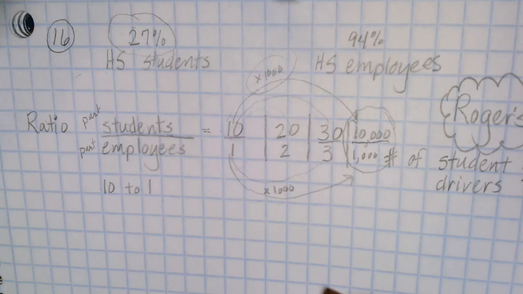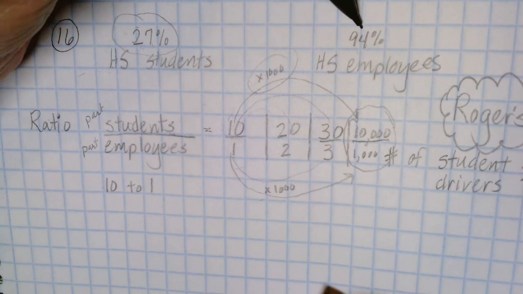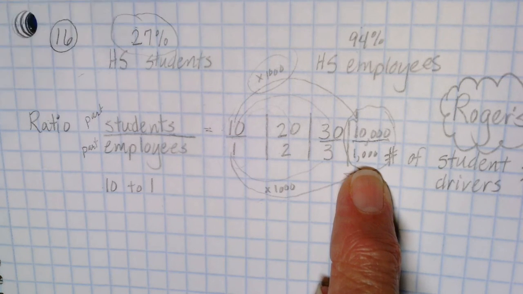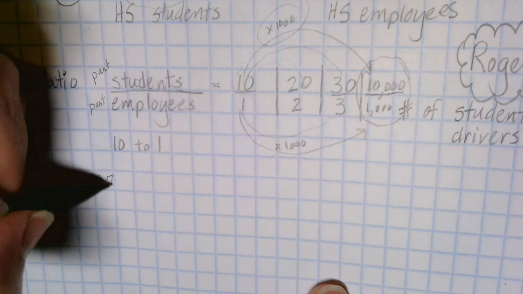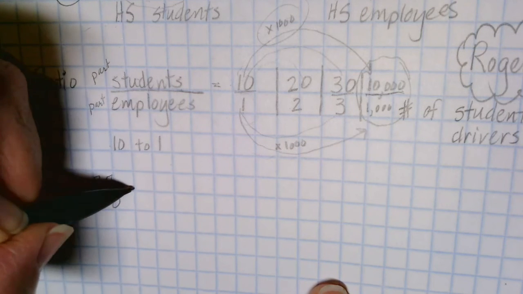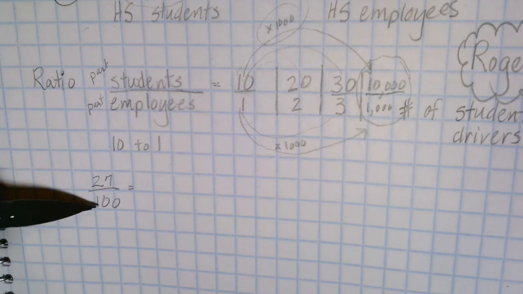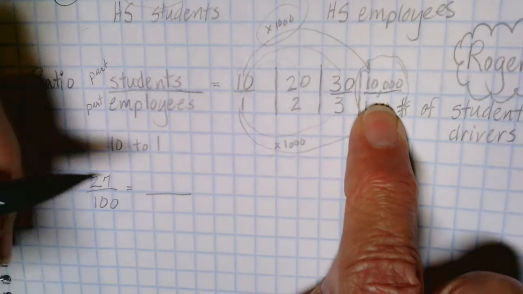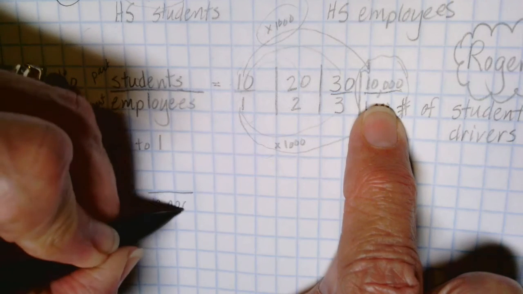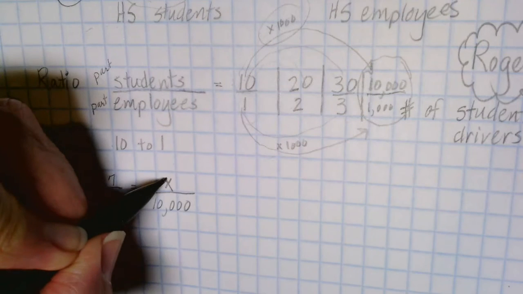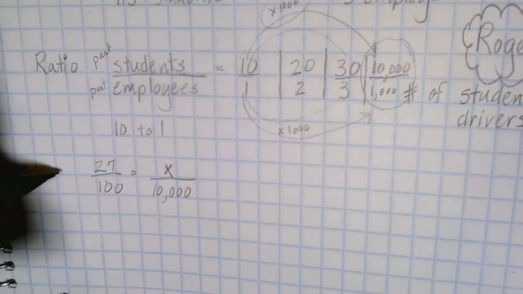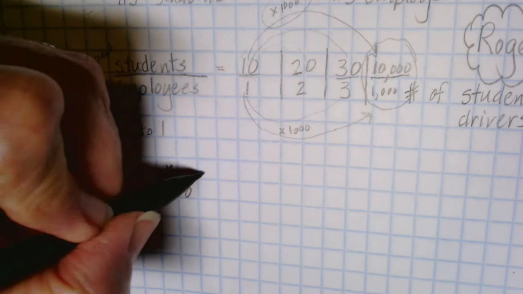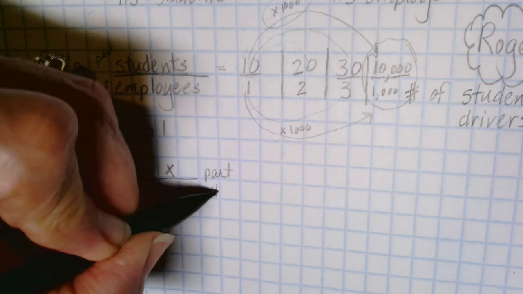The other proportion will be set up using the 94% and the number of employees in the school. 27/100 is equal to the total number of students I have in the school, over how many of them are driving. Notice now I do have a part to whole and I have a part to whole.